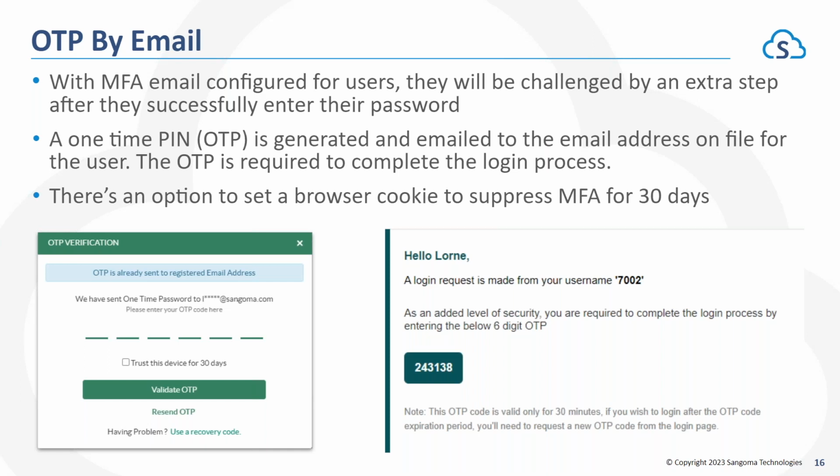They continue to use UCP or the admin GUI exactly as they have always done. Here you can see an example that shows the OTP verification window, and there's also a little toggle to allow the browser to be trusted for 30 days, after which, when they log in again, they will have to go through the MFA challenge.